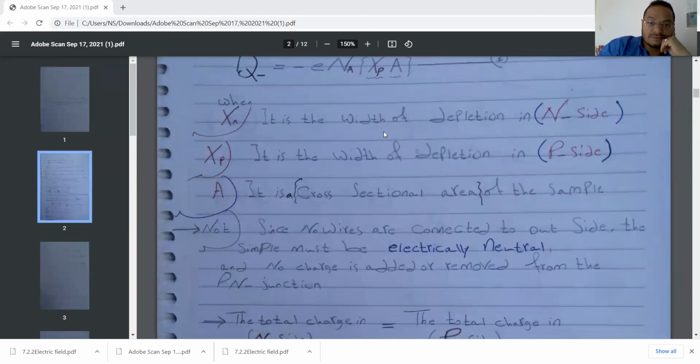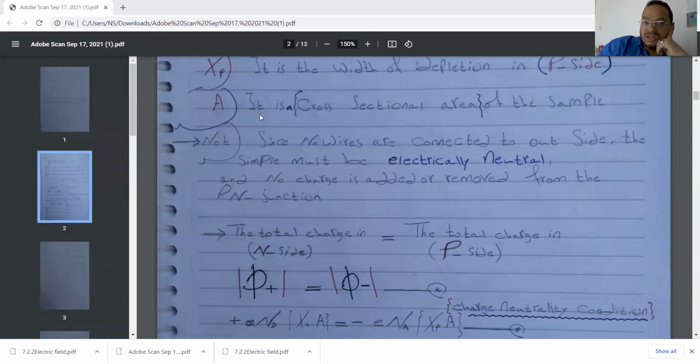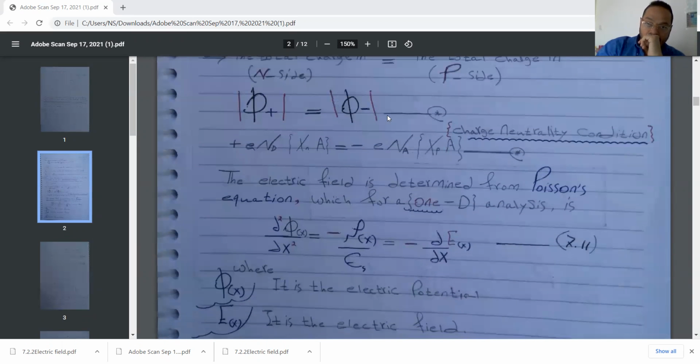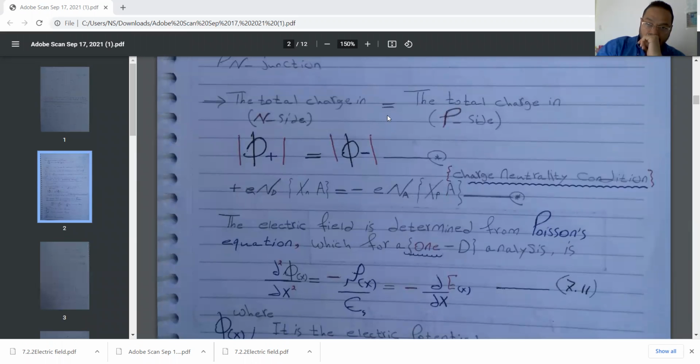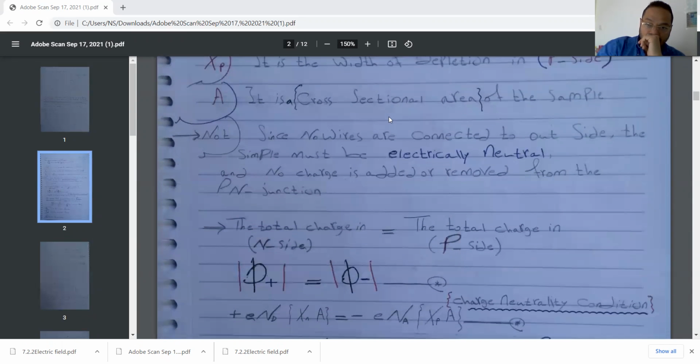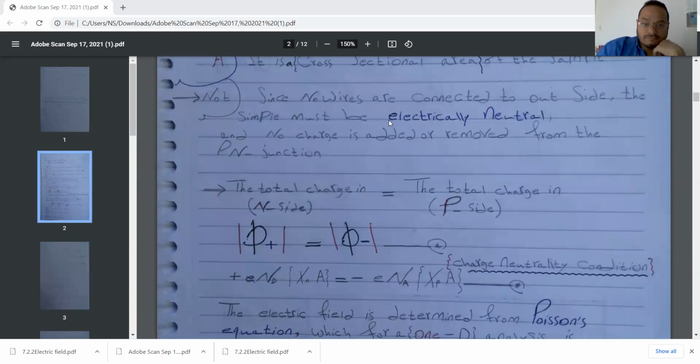Let's keep going. Like we said before, A equals the cross-sectional area. Here, the total charge in the n side will equal the total charge in the p side.